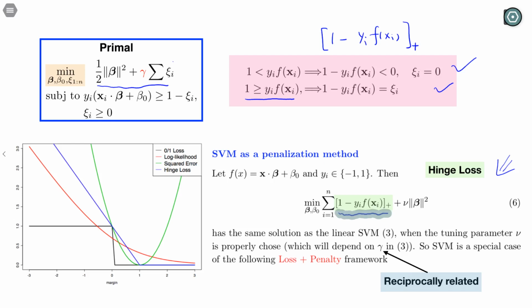So ideally you want yi times f(xi) to be positive. That means their signs agree. But we want something more than just having the same sign. If their product is a number less than 1, we still feel the evidence is not strong. If yi is positive 1, we want f(xi) to be a number bigger than 1.